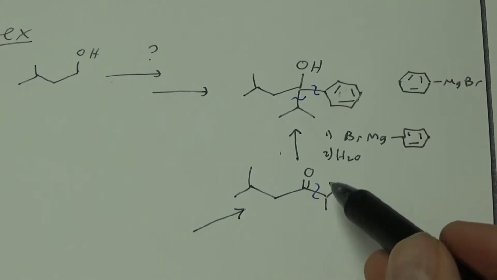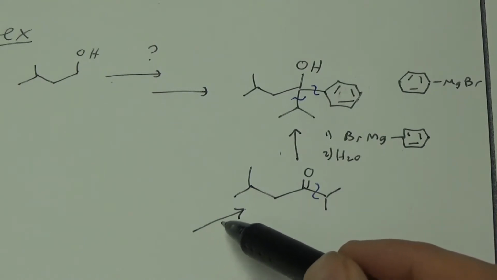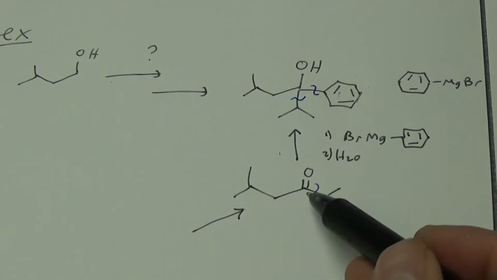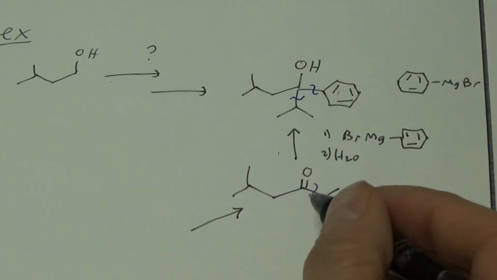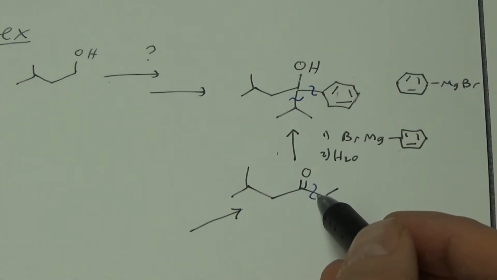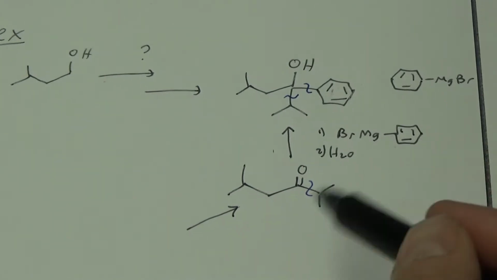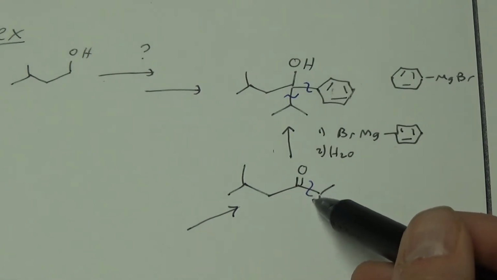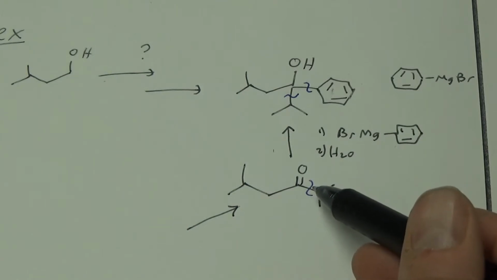I think, oh, well, maybe this step is not the CC bond formation, it's the creation of the C double bond O from an alcohol. Because here we go again. How many ways do you know that create a ketone? You don't know very many ways at all that synthesize a ketone. The only way you know is to take an alcohol and oxidize it to a ketone.